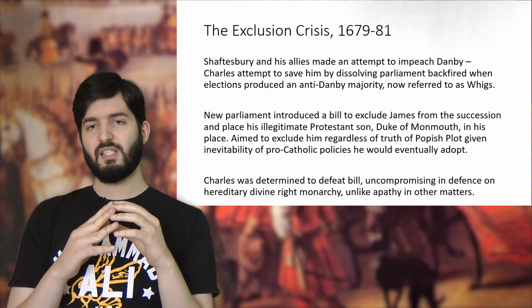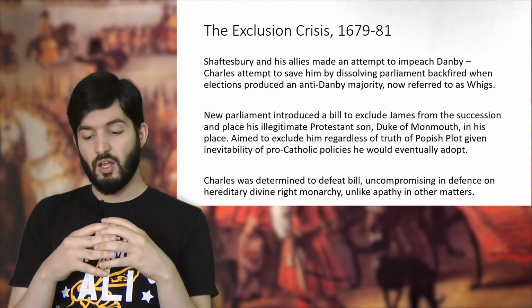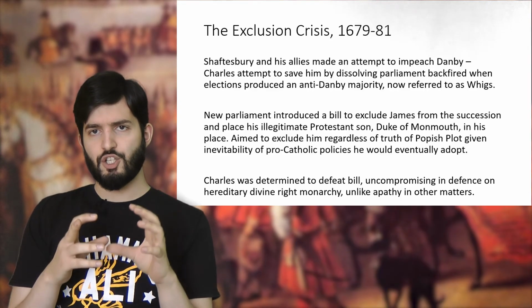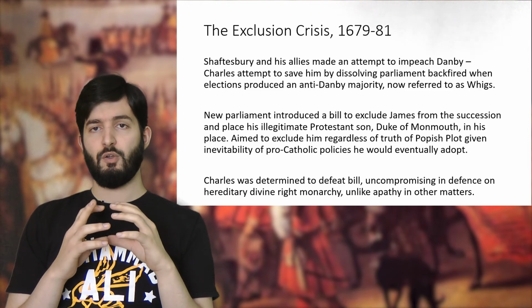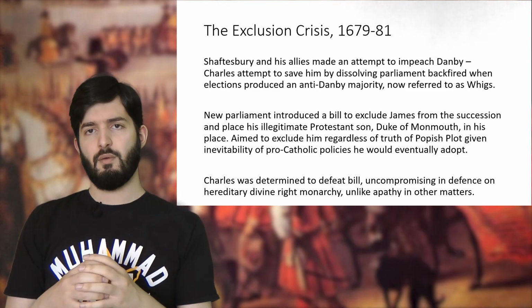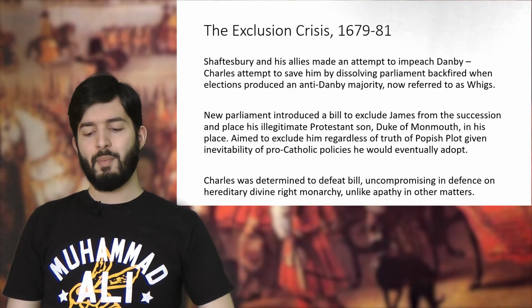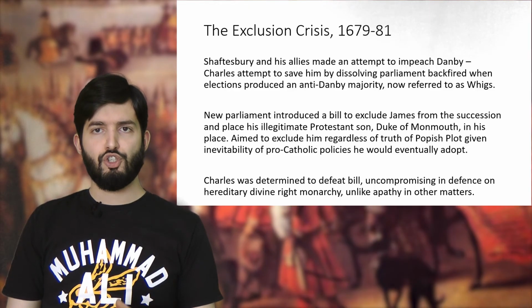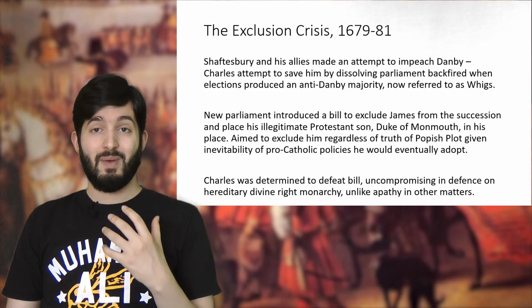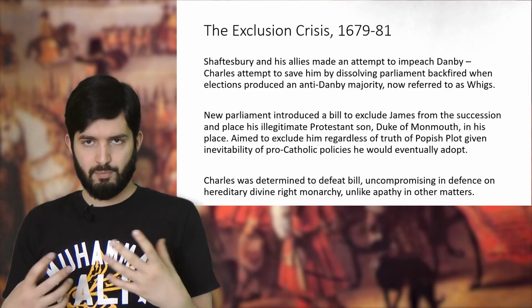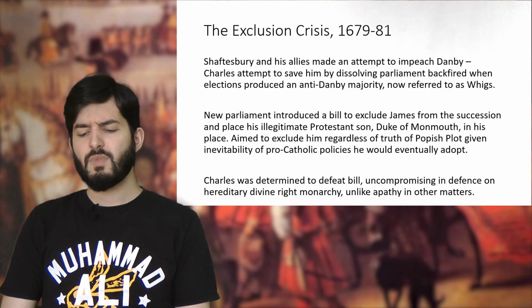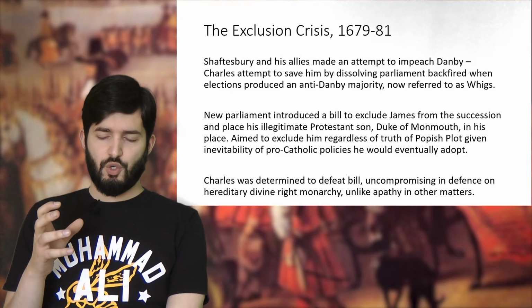But from their perspective, the Popish plot was simply a chance to exclude him from the succession, because whether or not he was plotting to kill Charles was irrelevant. Given his Catholicism, it was inevitable that upon becoming king, he would aim to pursue pro-Catholic policies and eventually adopt them. It was just natural given his personal beliefs and views. And so that's the situation.